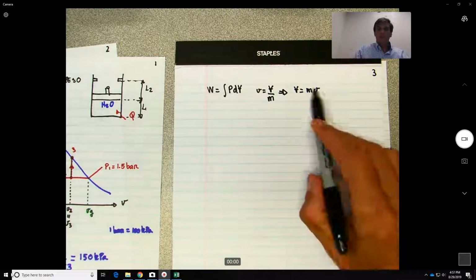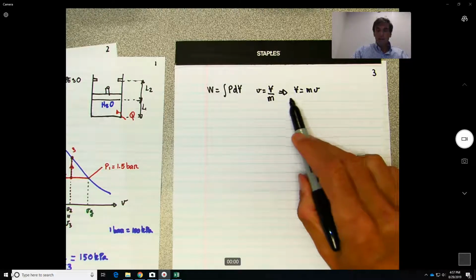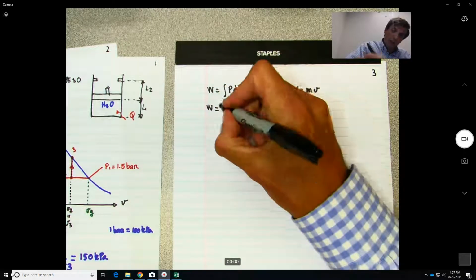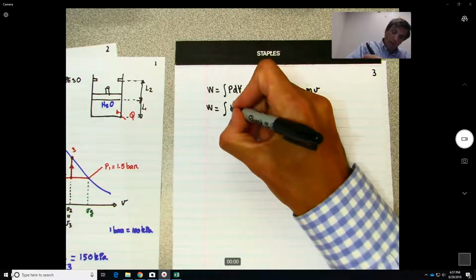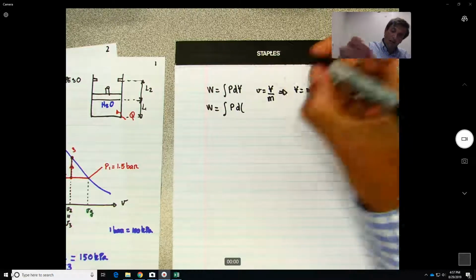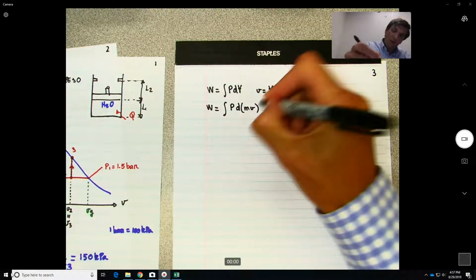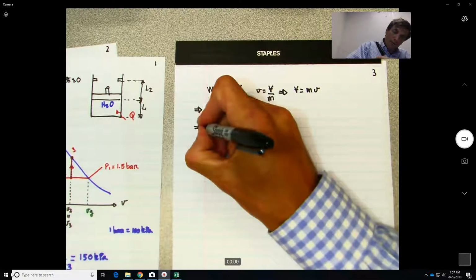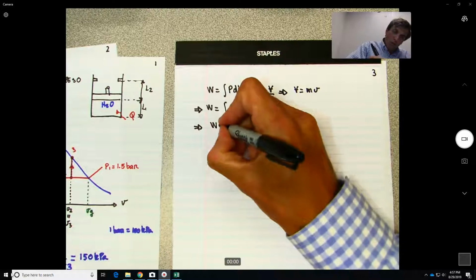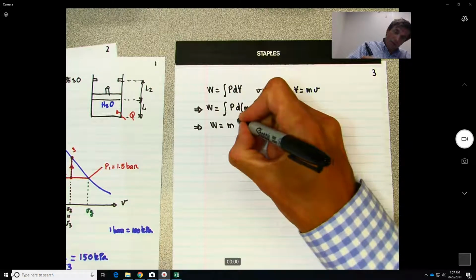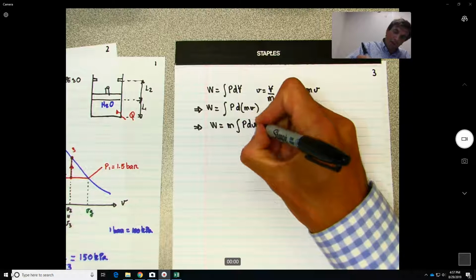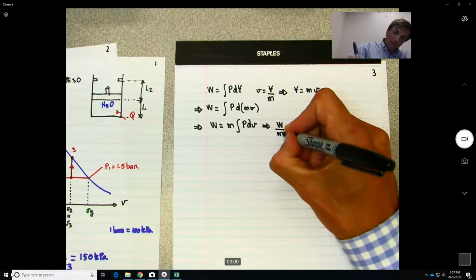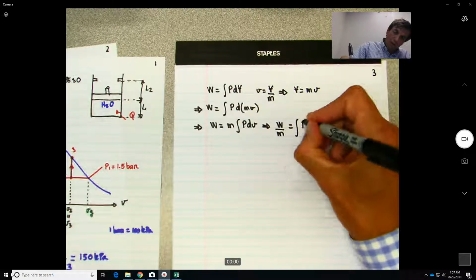But we know that the mass is constant, so this expression becomes work equal to m integral of P dv, or work over mass equals integral of P dv.